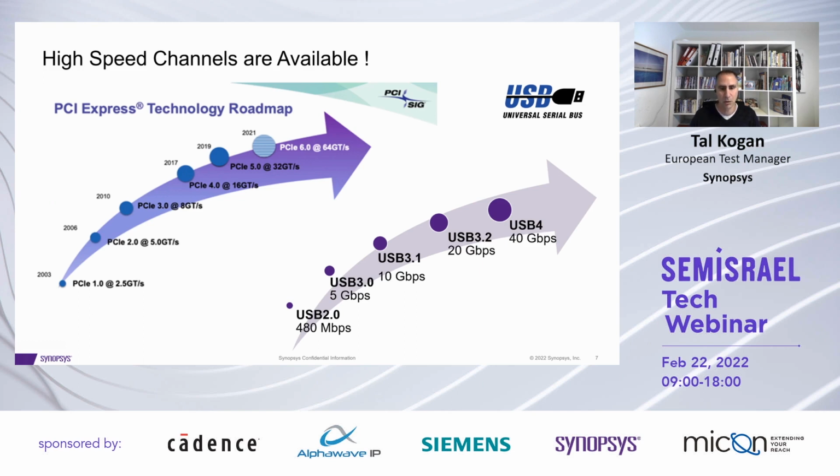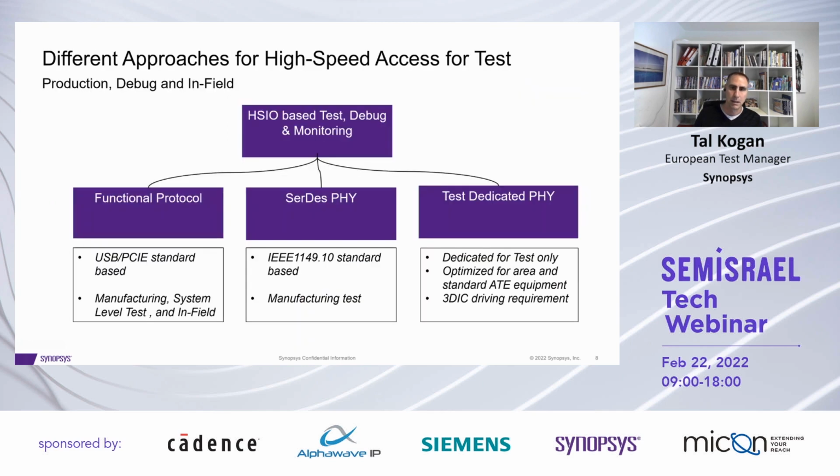And usually, of course, it's utilized for functional reasons, but a revolutionary idea would be to use that bandwidth for test purposes. Now, that can happen either in production mode, or it might even happen in field. And we'll talk about that along the way.